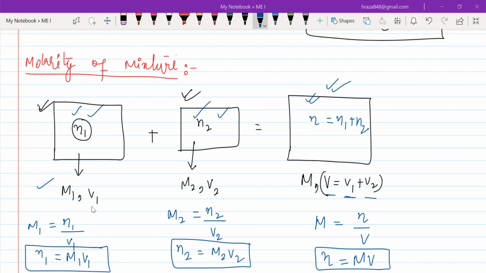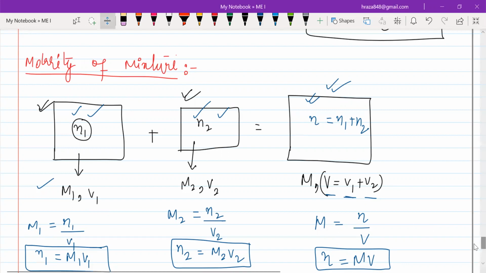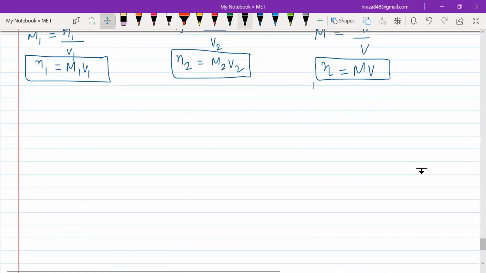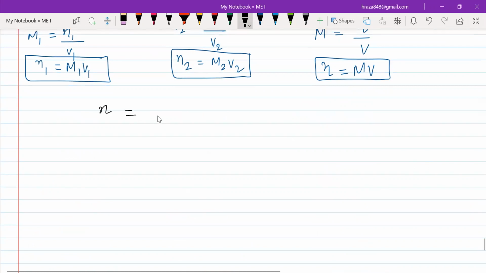Let me know when you're done with this. Yes, sir, done. Very good. Now, you have seen that I had written in the bigger container N is equal to N1 plus N2. What is the value of N?